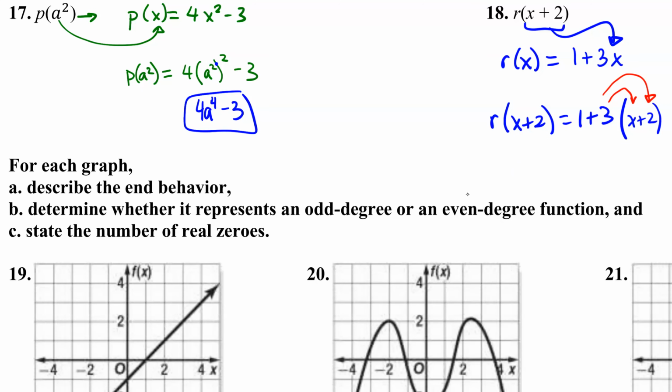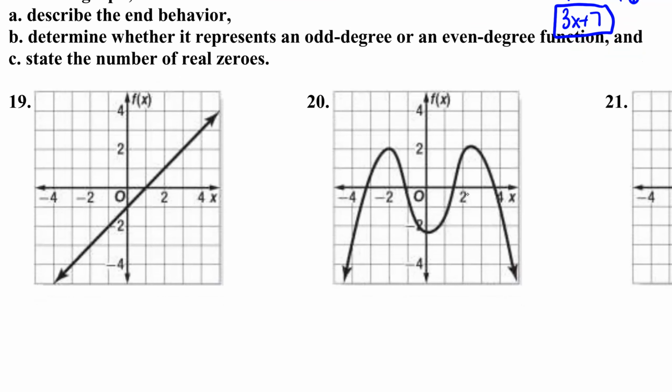You had to distribute. 1 plus 3x plus 6 gives me an answer of 3x plus 7. I did the math right, I just didn't write the 6. Okay. Are we good with these two? Yeah? Okay. If you're confident you could do these by yourself, you should feel good. You got the gist of today.